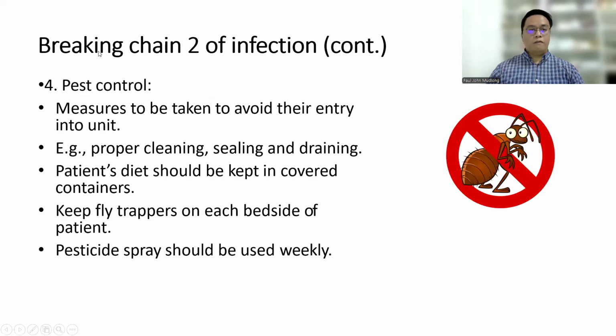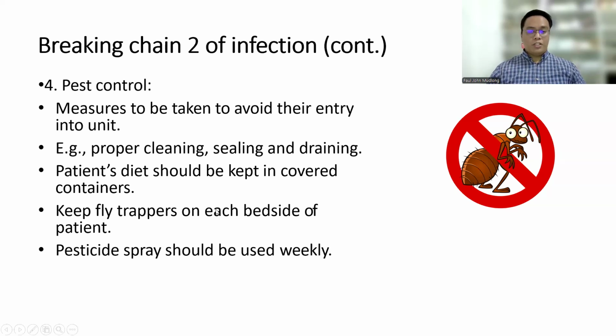Okay, we're still going through breaking chain two of infection, pest control. So measures to be taken to avoid their entry into the unit. Examples are proper cleaning, sealing, and draining. Patients' diet should be kept in covered containers. In our unit, the patient's diet for authorized feeding is on a cup with a sealed plastic cover on it.